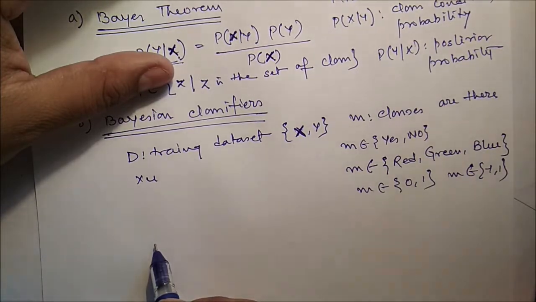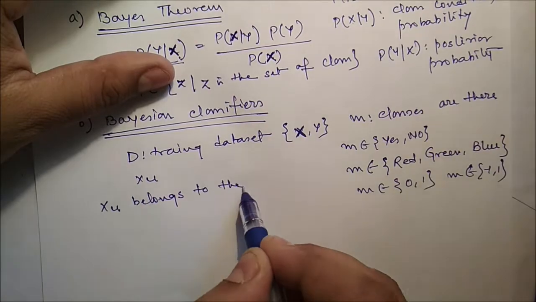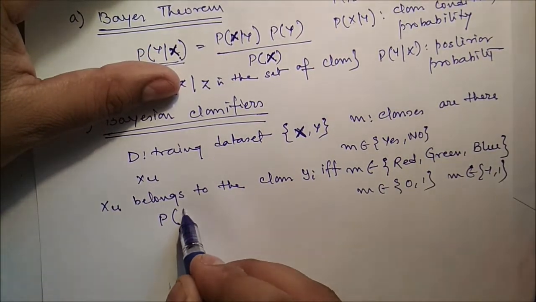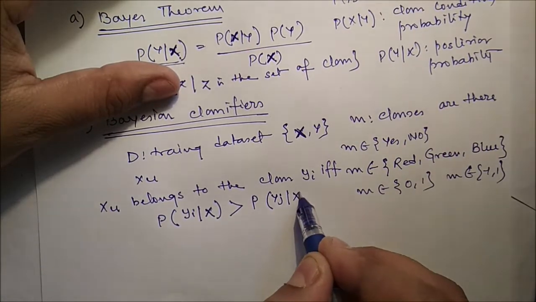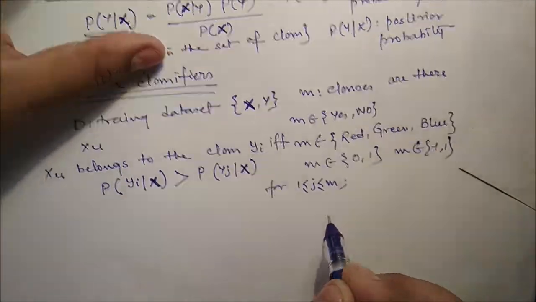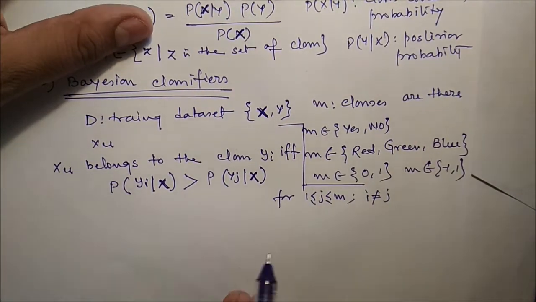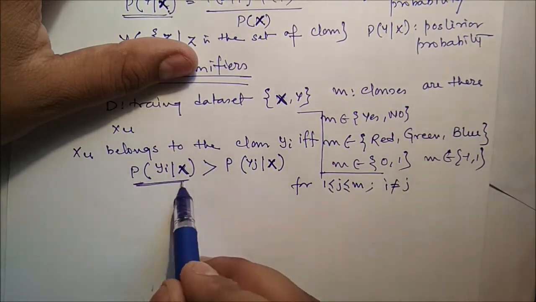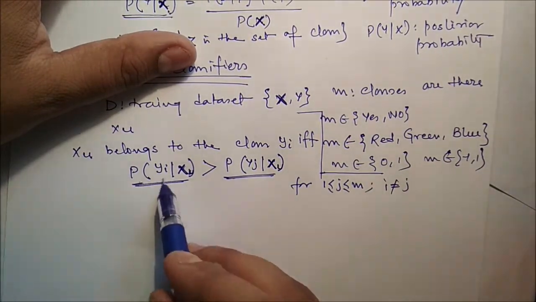Now, xu belongs to the class level yi if and only if the probability of yi given x is greater than the probability of yj given x, for every j where i is not equal to j. So that means if P(yi|x) is greater than P(yj|x), then we can say xu belongs to the class level yi.